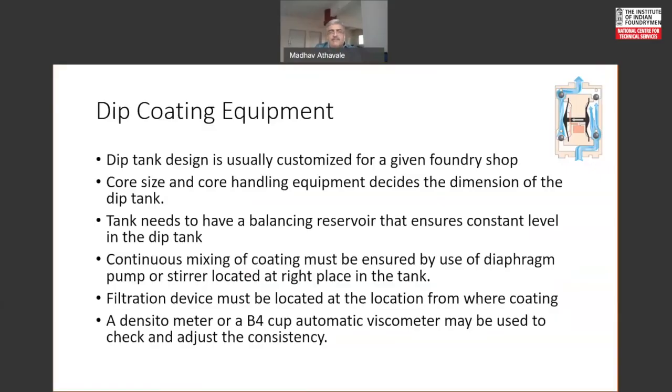And for automation purposes, densitometers are also available, so that more or less constant consistency in terms of viscosity and solids is maintained. That is very vital because that is what carries the filler onto the surface of the core.